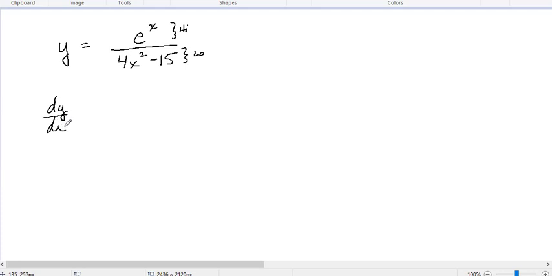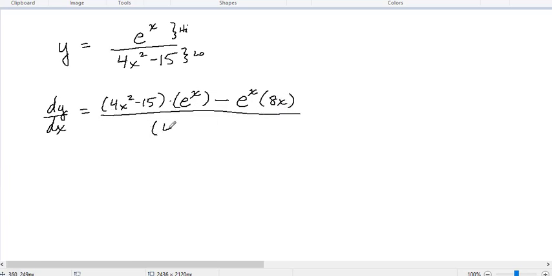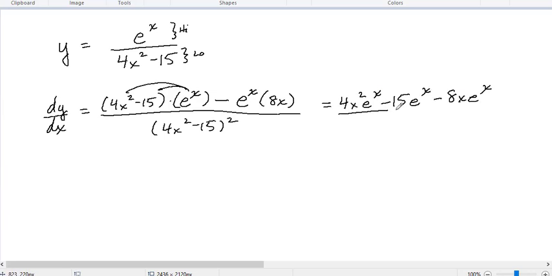So dy dx would be low, d high is itself, e to the x, minus high as it is, e to the x, d low is 8x, all over the low squared. That will make 4x squared e to the x minus 15 e to the x minus 8x e to the x, all over low squared.